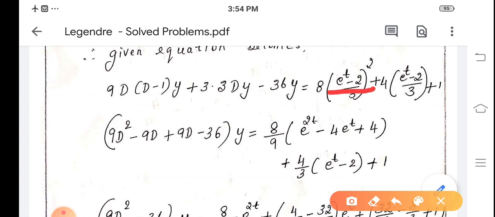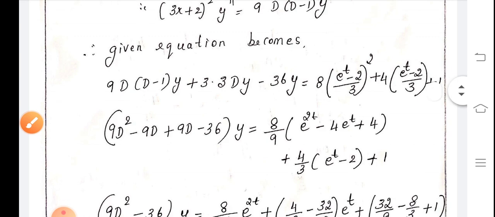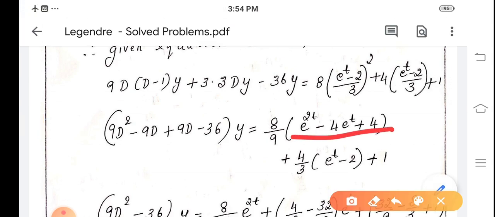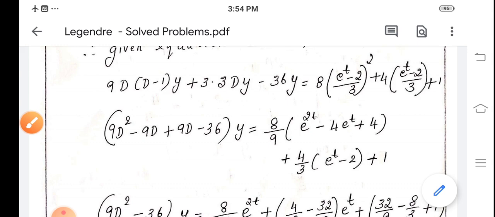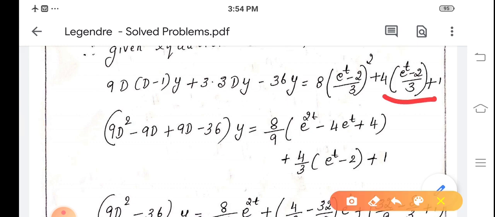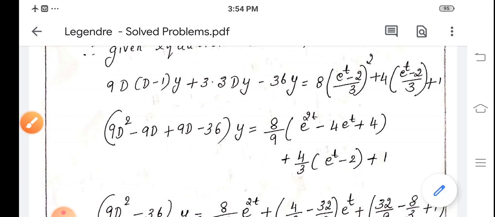So when you expand this using (a − b)², it will be e^2t − 4e^t + 4. Then plus the next term 4/3 (e^t − 2), then plus 1.